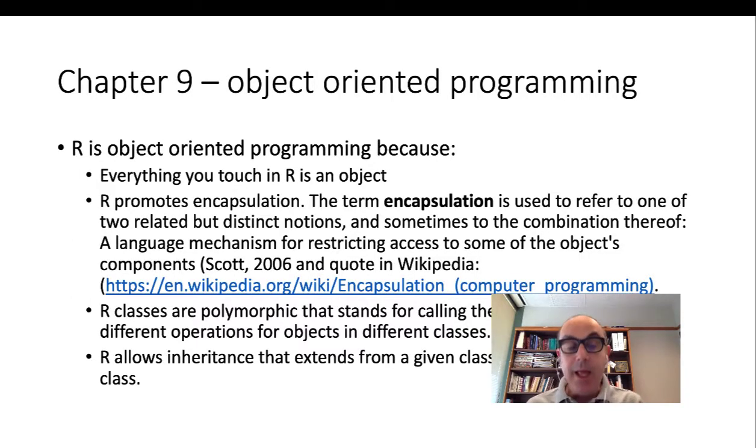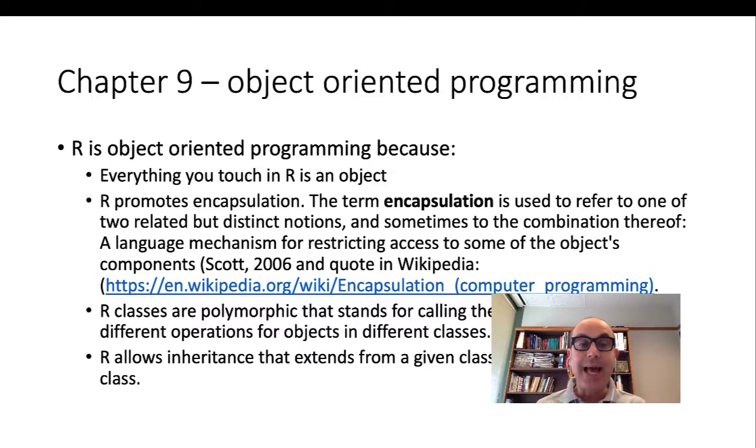So I want to move to chapter 9, and chapter 9 is talking about object-oriented programming. There are two things that are really important to highlight with regard to R and object-oriented programming.